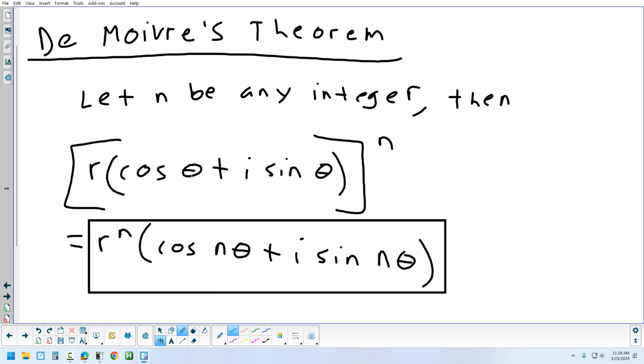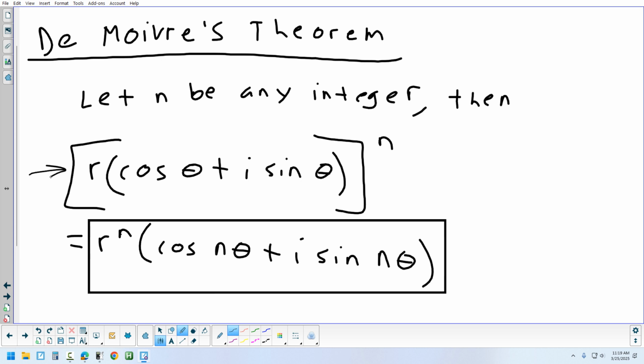No. The trig form I could probably do in under 2 minutes. The standard form could take me 15, 20 minutes. There's going to be hundreds of steps. It's going to take a while. So again, it all depends on being in trig form.